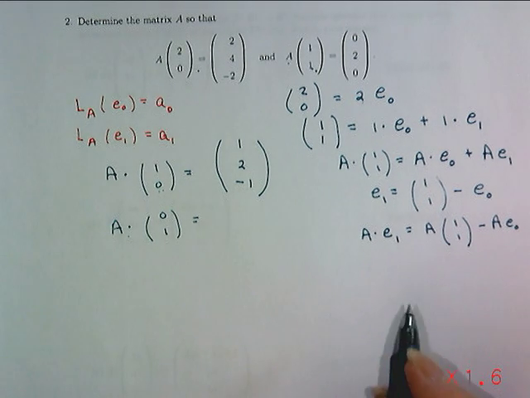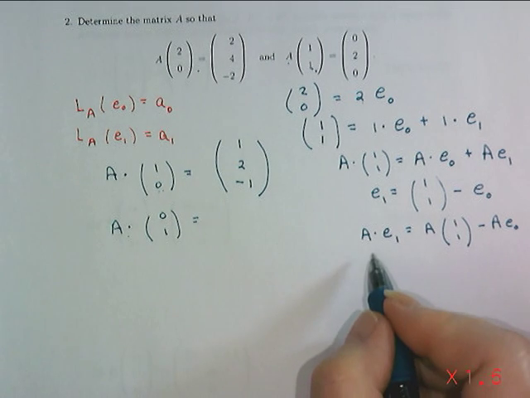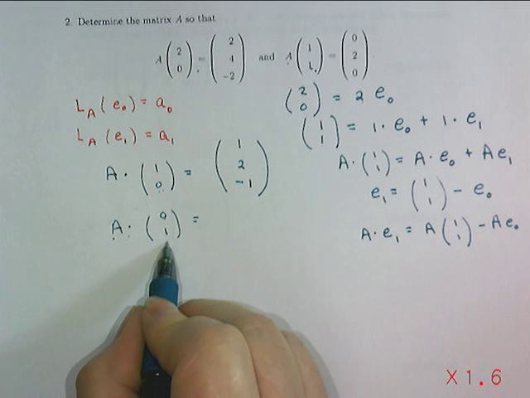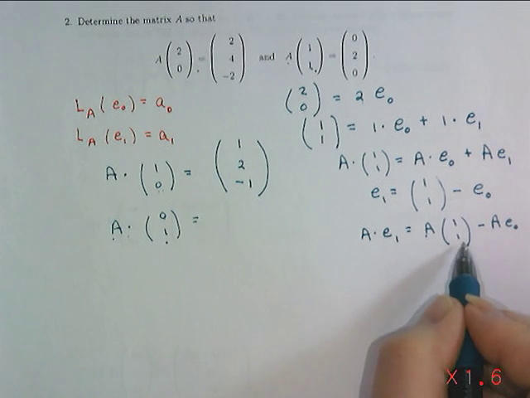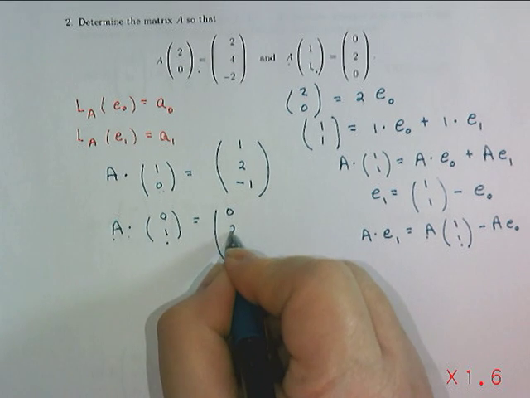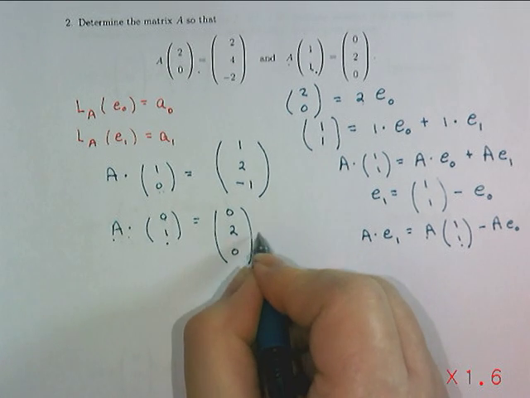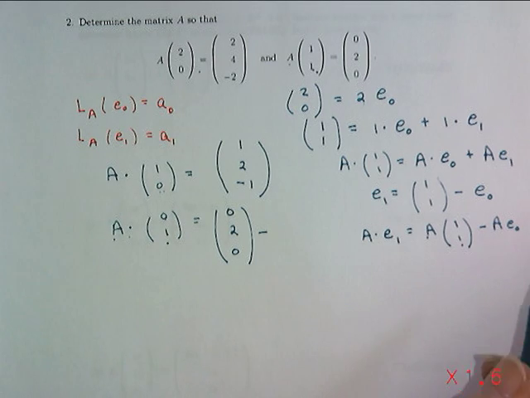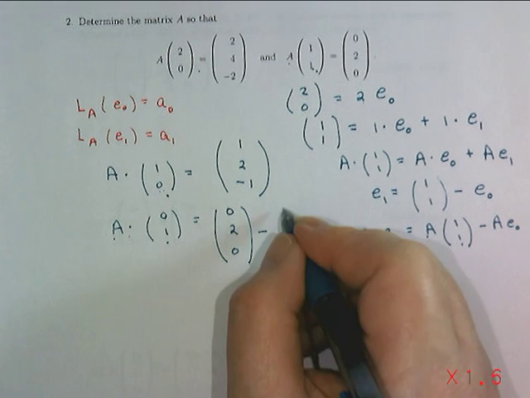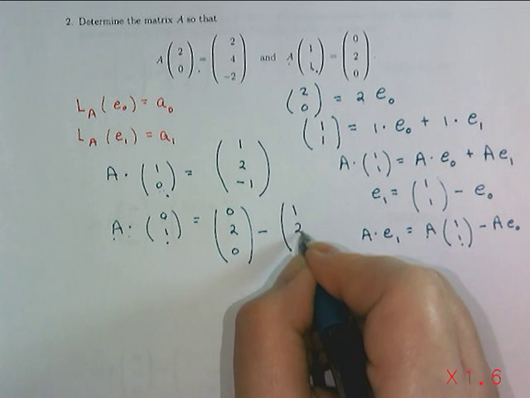Okay, what do we know? That means that A times the vector 0, 1 is A times the vector 1, 1, which was 0, 2, 0, minus A times the first unit basis vector, which we just figured out was the vector 1, 2, -1.